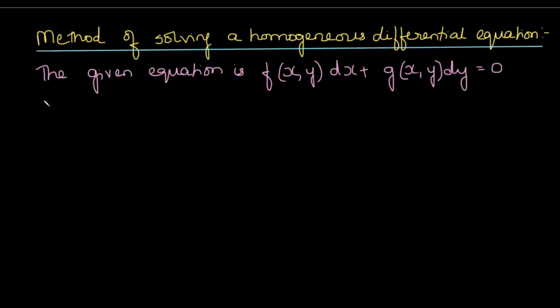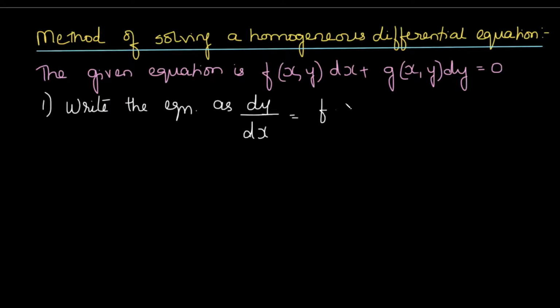Now the first step after writing the question would be to write the equation as dy by dx is equal to f(x,y) upon g(x,y). That will be obvious actually.